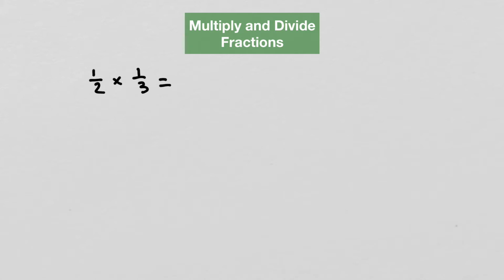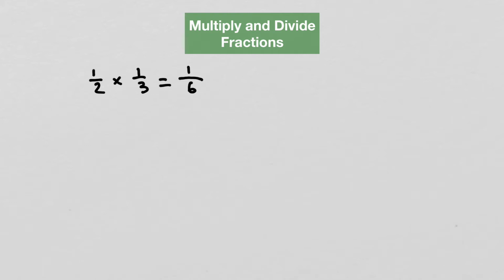So multiplying across the numerator, we have 1 times 1 is equal to 1. And multiplying across the denominator, 2 times 3 is equal to 6. Pretty straightforward, right?